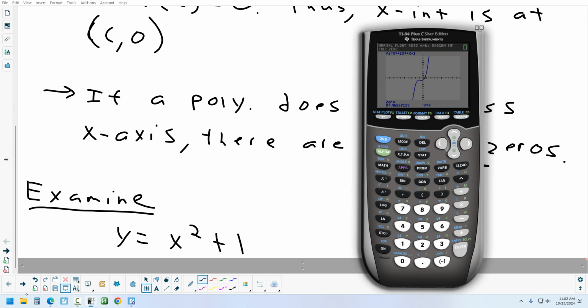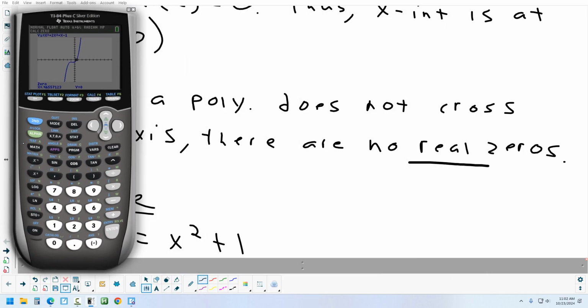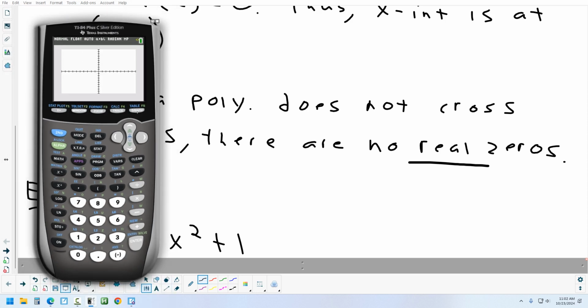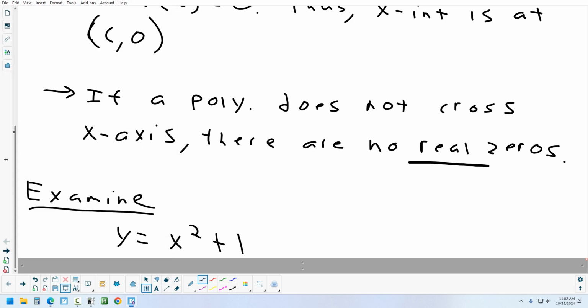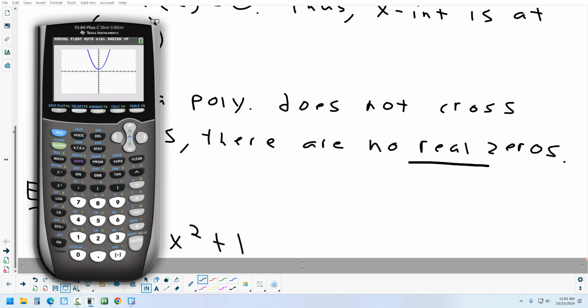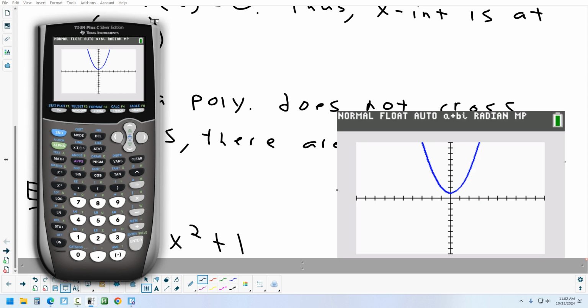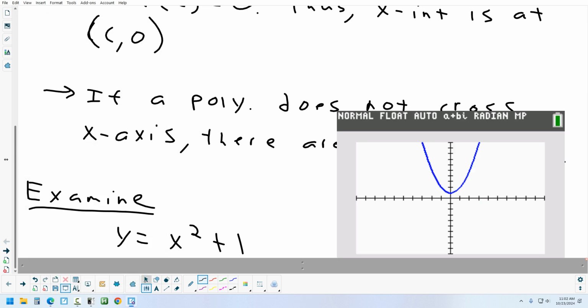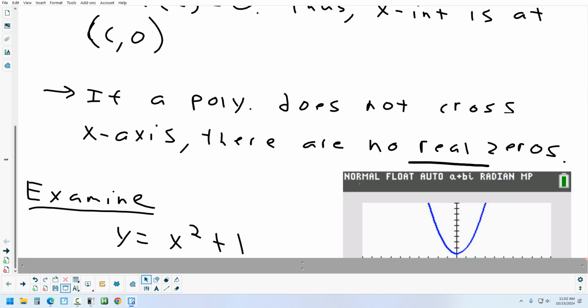Let me graph y equals x squared plus 1. So give that a second to graph. If I graph y equals x squared plus 1, we're going to see that it's a parabola, and it's been shifted up 1 unit. Does that graph cross the x-axis?